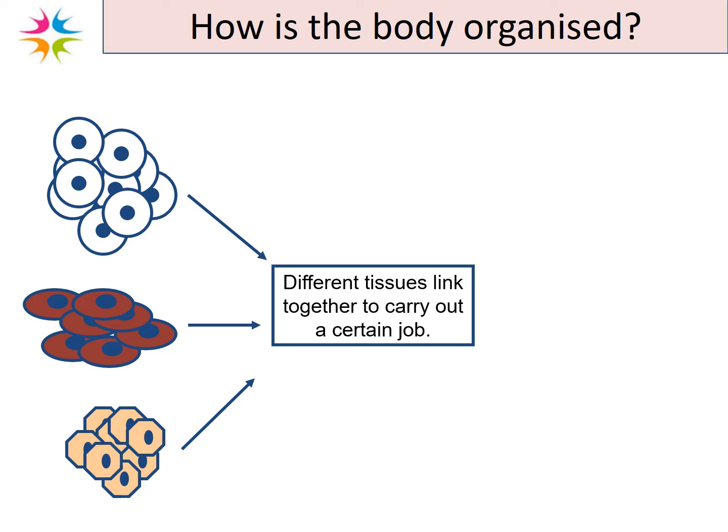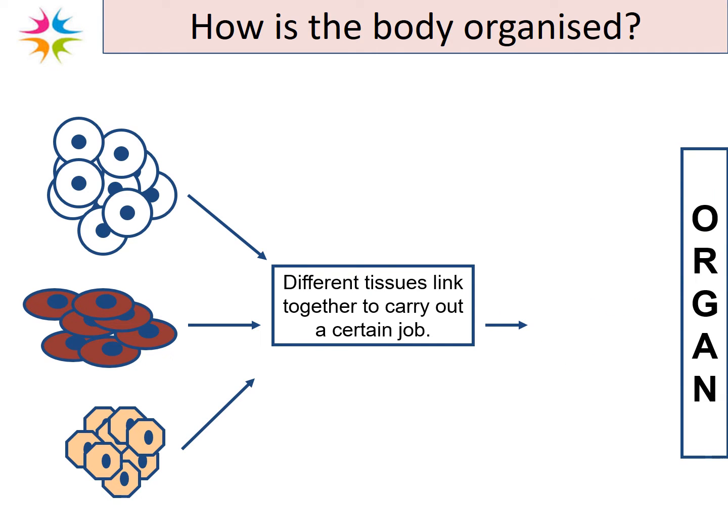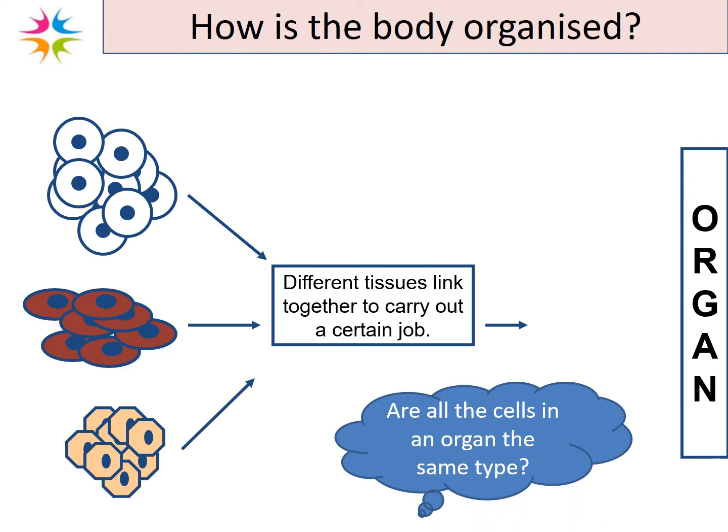Different tissues link together to carry out a certain job. And together they're known as an organ. So you've got one type of tissue here, another type of tissue here, another type here, and together they make up the organ.